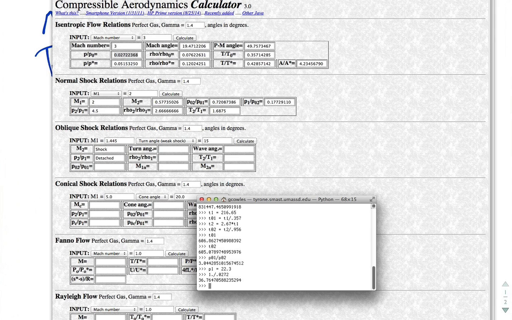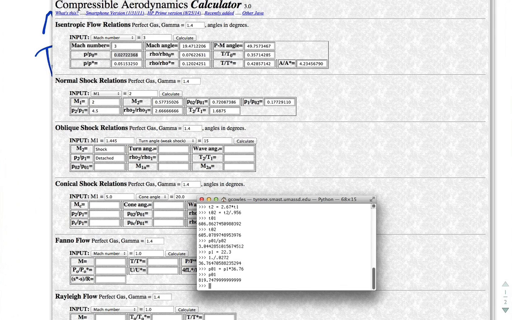So if we take that parcel from Mach 3 and decelerate it to Mach 0 isentropically, the pressure is going to rise by a factor of 36.76. It's a large ratio because it's a large Mach number.